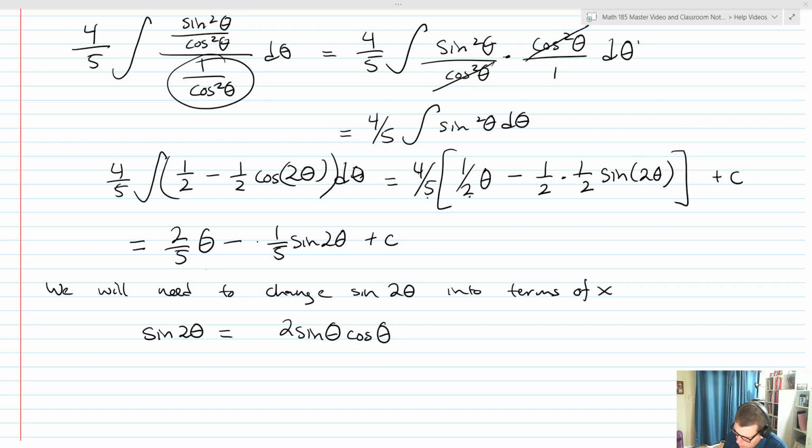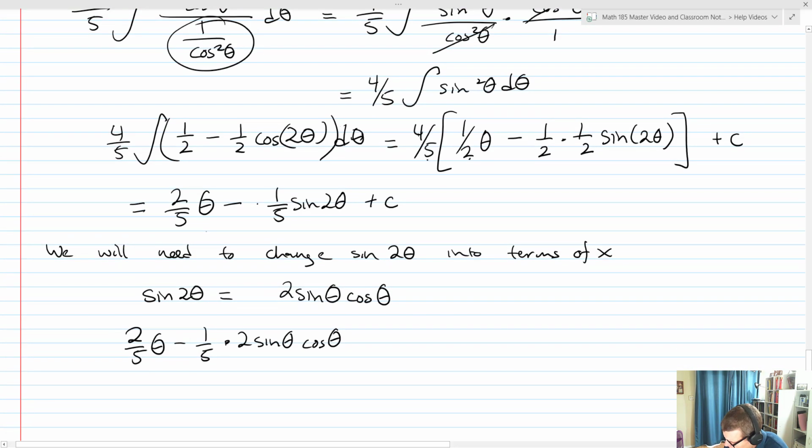So now the solution to my integral ends up being 2/5 theta minus, excuse me, 1/5 times 2 sine theta cosine theta plus c, and that's the value for my integral.